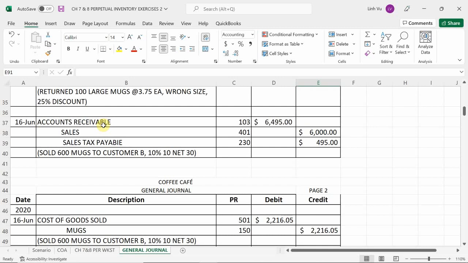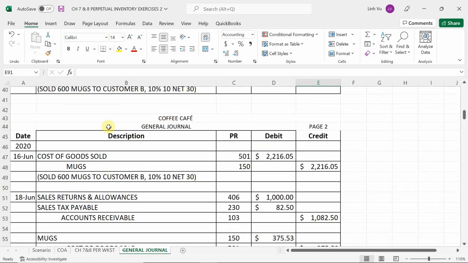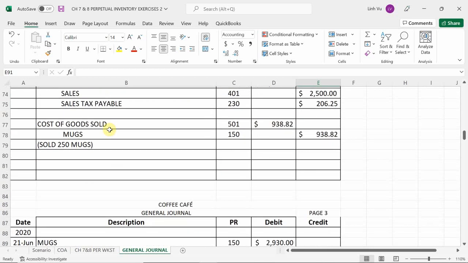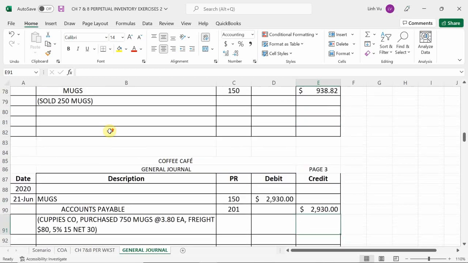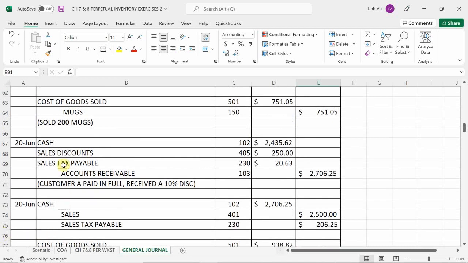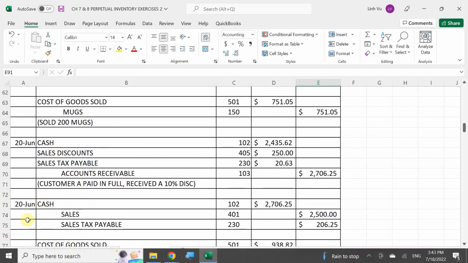So in this case, we can only discount the sales price, right? So I have to figure out what 500 units times 10 is, and multiply it by the 10%. We've already done this before, right? We've given a discount to customer A. It's exactly what we're going to do for customer B because they also paid in cash.